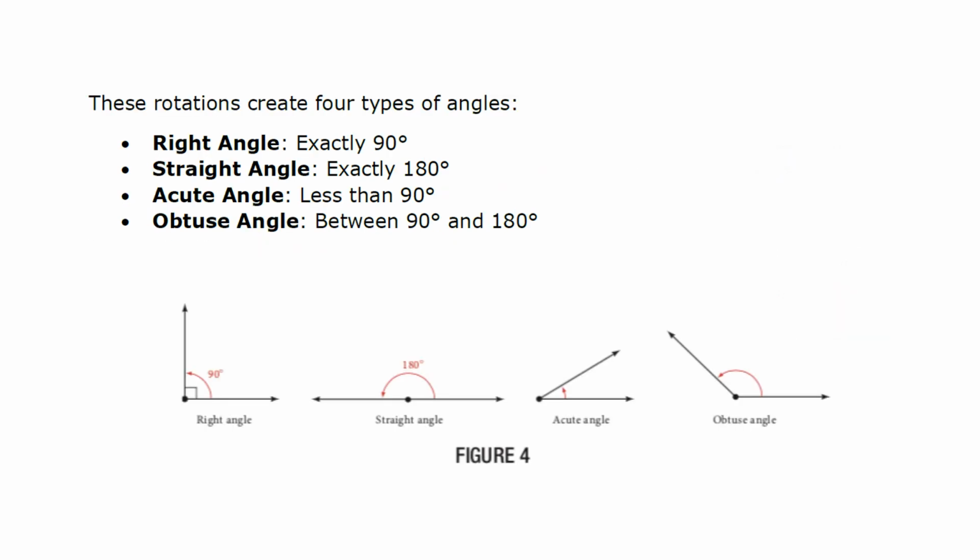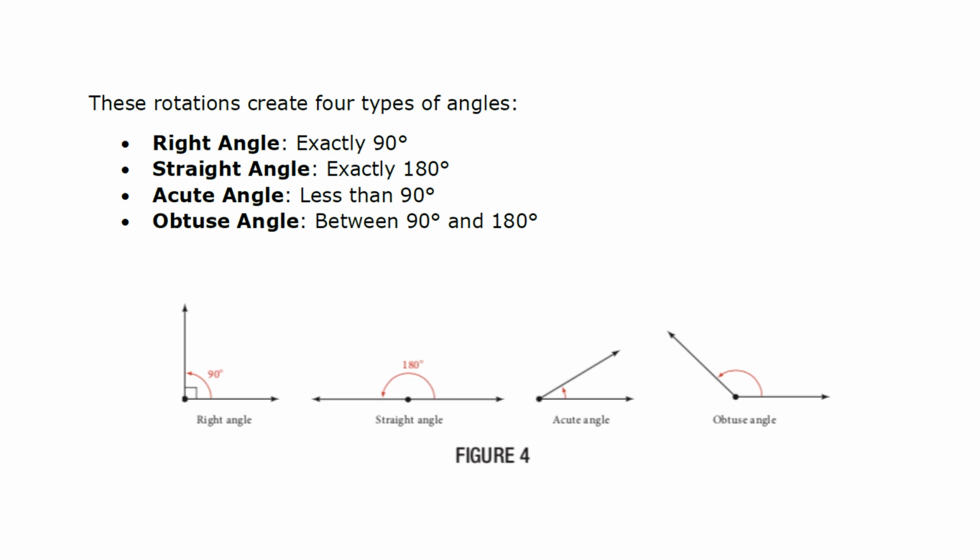So these rotations create 4 different types of angles that we're going to look at. The first one is called the right angle, and this is an exactly 90-degree angle. The second is a straight angle, a straight line, and this represents an exact 180 degrees, half of a rotation.